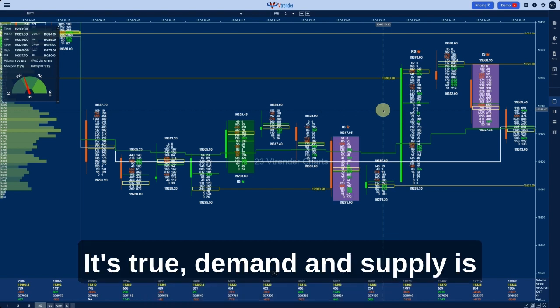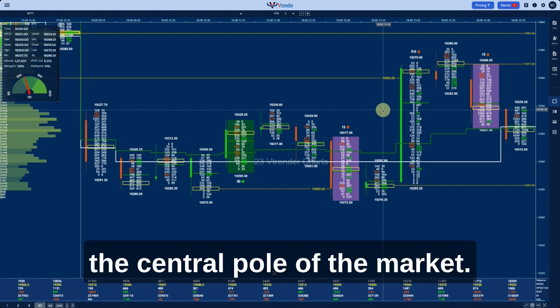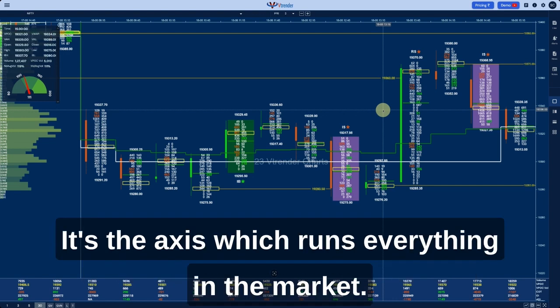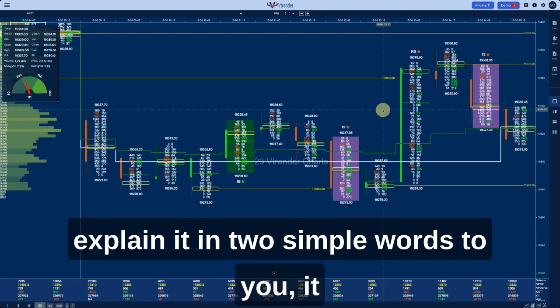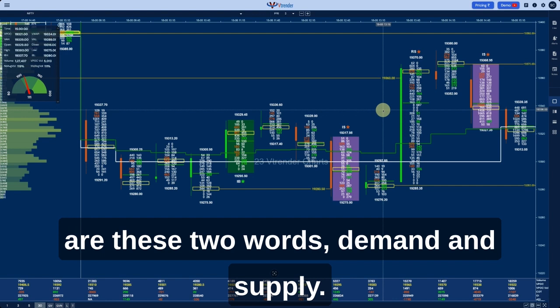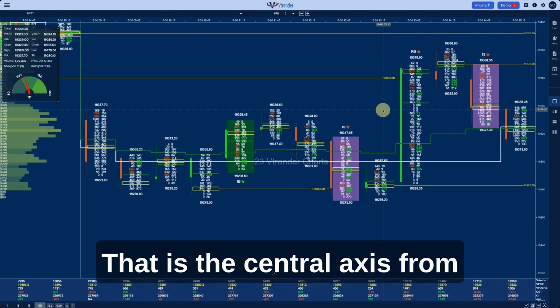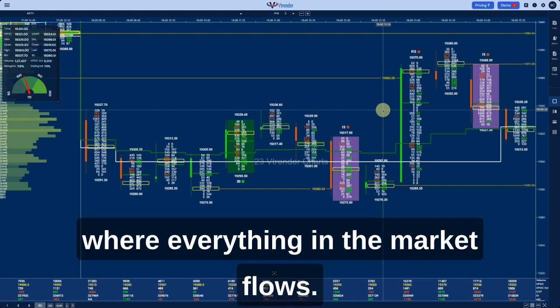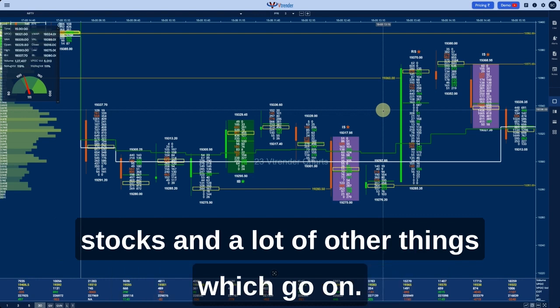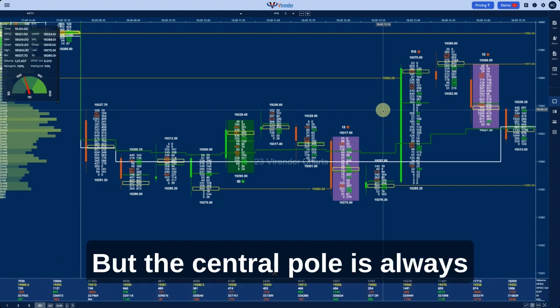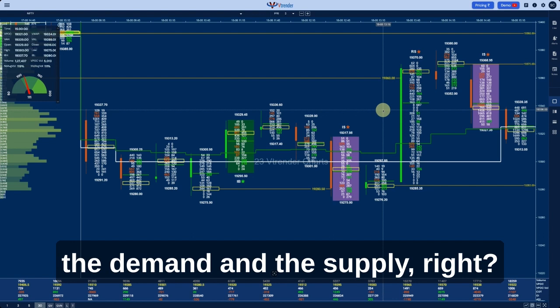It's true. Demand and supply is the central pole of the market. It's the axis which runs everything in the market. If I have to strip the market down and explain it in two simple words to you, it is these two words: demand and supply. That is the central axis from where everything in the market flows. Yes, there are a lot of structures in between: futures, options, stocks, and a lot of other things which go on, but the central pole is always demand and supply.